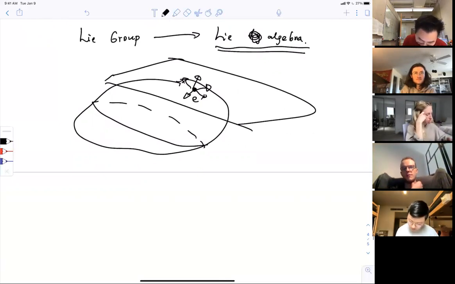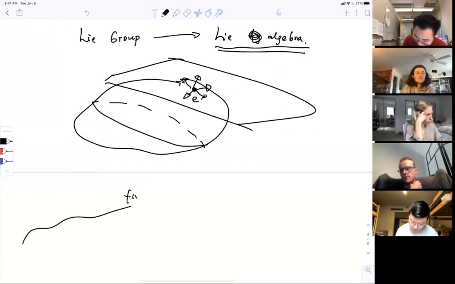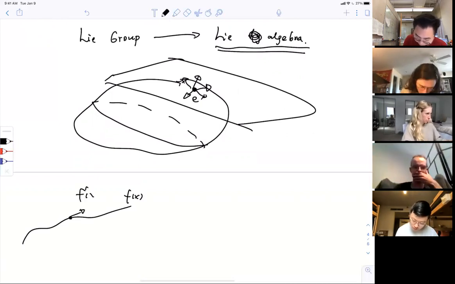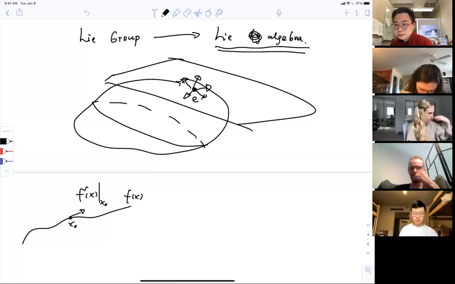We know if we have a function f(x), the tangent vector at some specific point is given by the derivative of this function at this point, right? We know that.